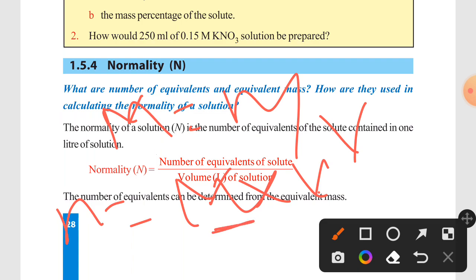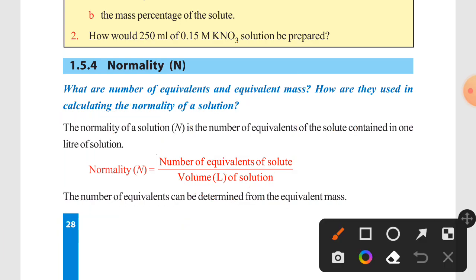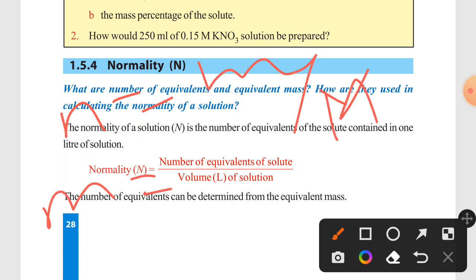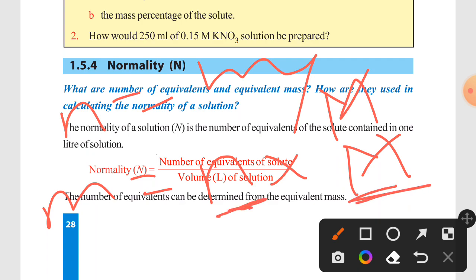So mass is equal to number of mole times molar mass. After finding the mass of potassium nitrate, we add it and make the volume up to 250.